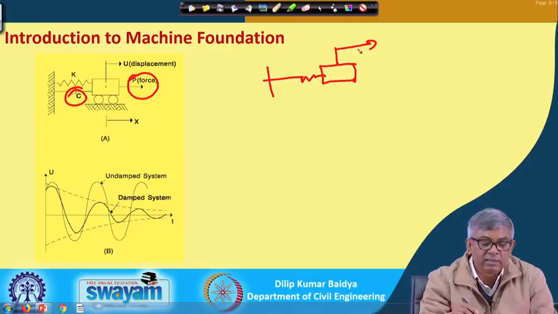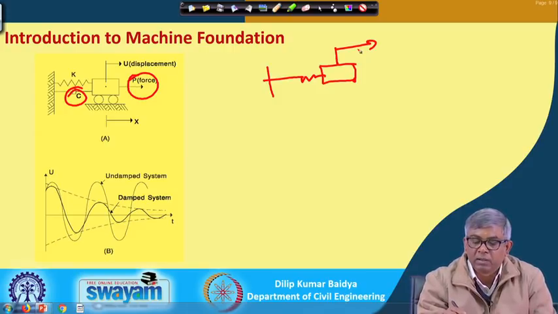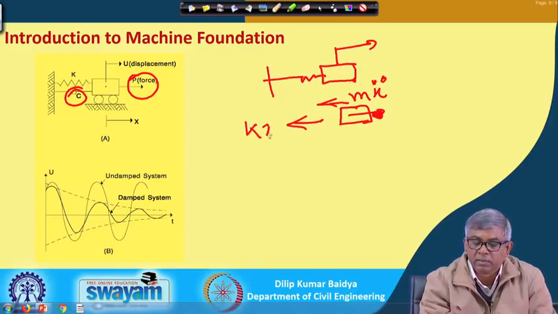Then on the next page I will show the forces. This will be the mass, and the inertia force will be in this direction, which will be m x double dot, and there will be a spring force, k times x.